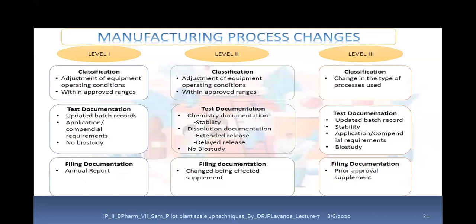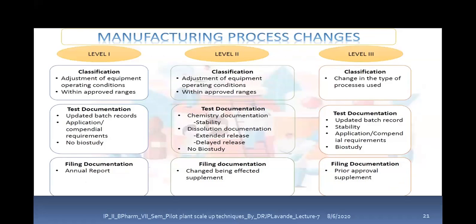So here the three different levels have been given when the case is related with the manufacturing process and its changes. There are differences in the classification, the test documentation which is required, and the process of filing.